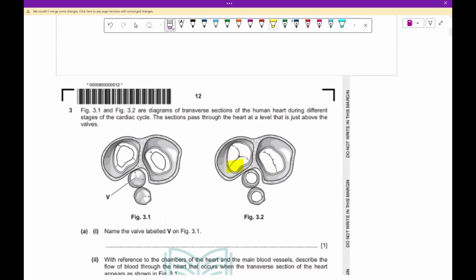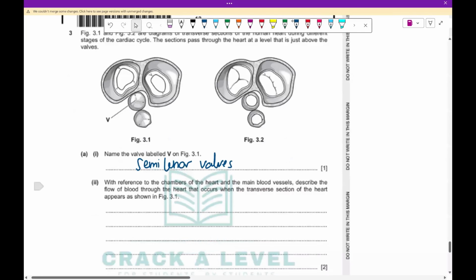So this is the right side of the heart, and these look like semilunar valves. Name the valve labelled V. Basically, we just term that these are semilunar valves, right? Since both of them are the atrioventricular valves.